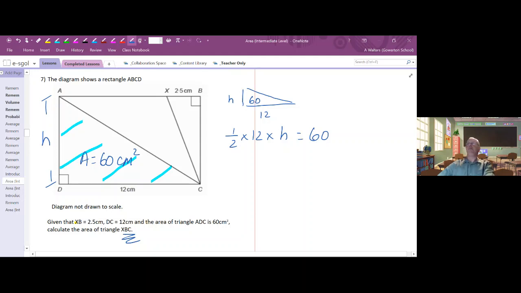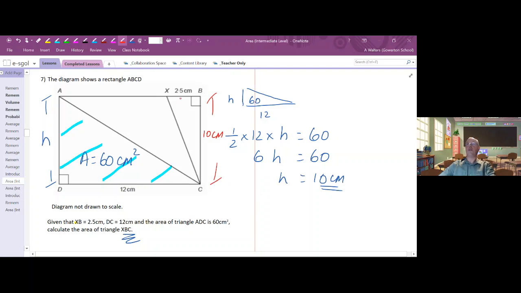Like we've done in a few questions above now, 6H is 60. So 6 times what is 60? 6 times 10. So the height is 10 centimeters. I'm going to put 10 centimeters there, from there to there.